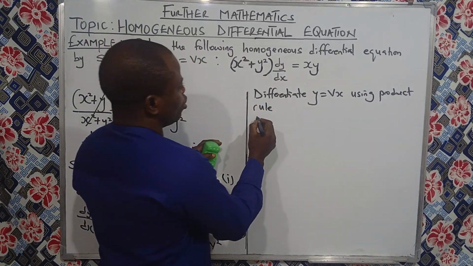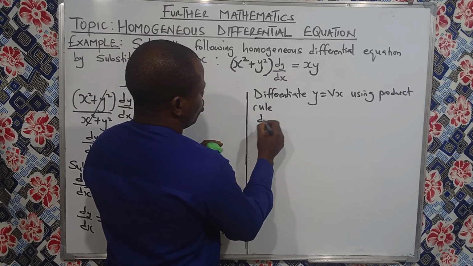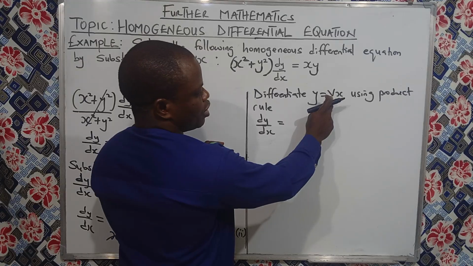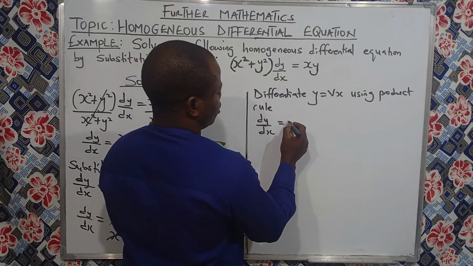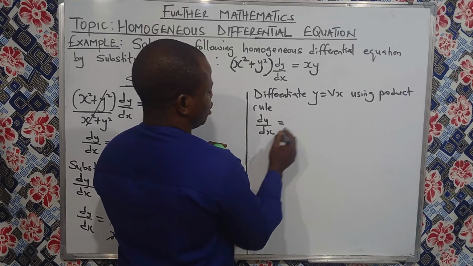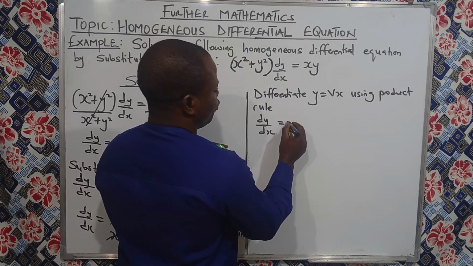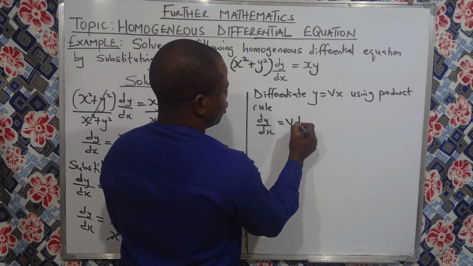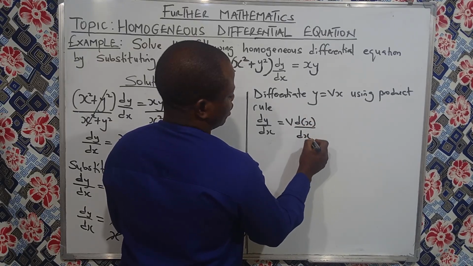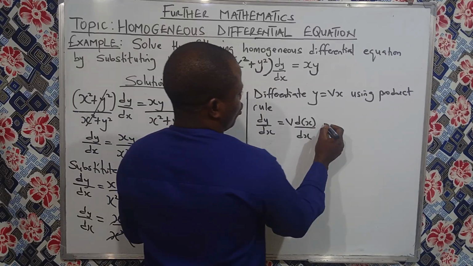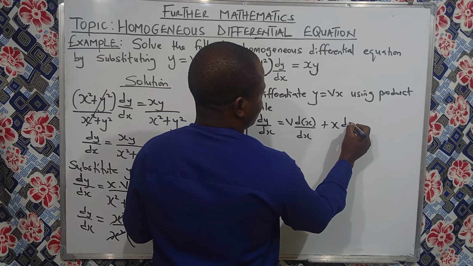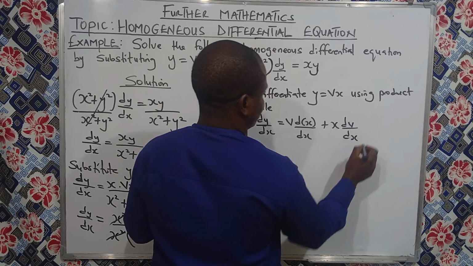The product rule goes thus: dy over dx equals, you keep this v and differentiate x with respect to x, that's v times dx over dx. We now keep this x and differentiate v, dv over dx.